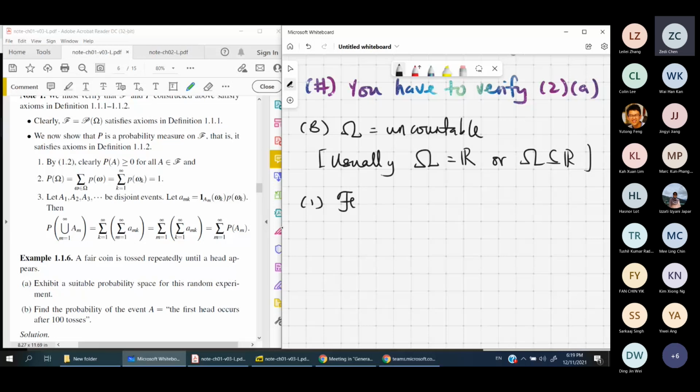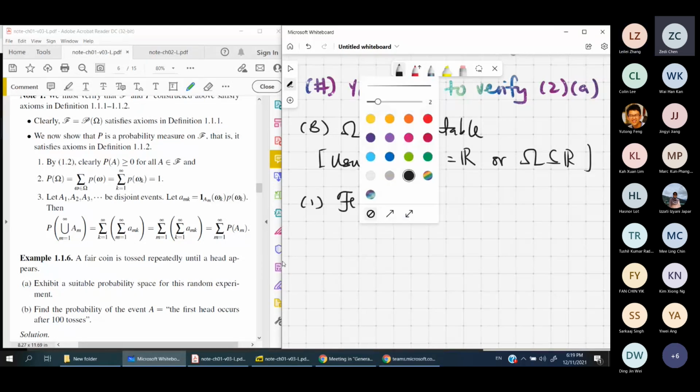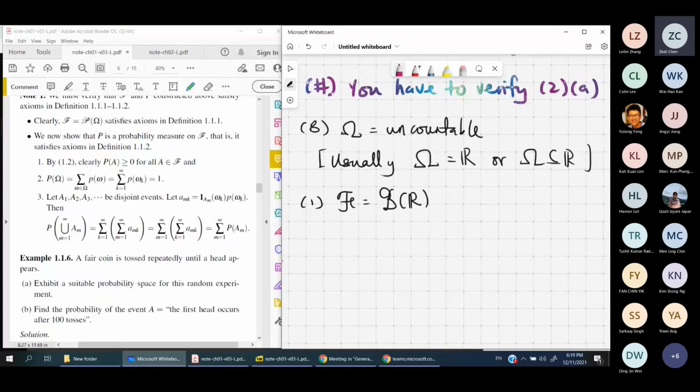We just take F to be this B(R). What is this B(R)? We have discussed this today. This is the so-called Borel sigma field.